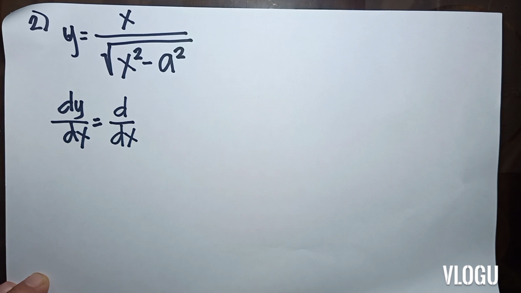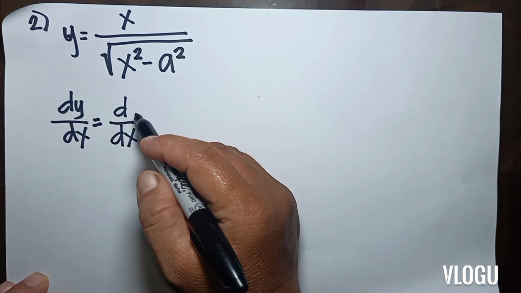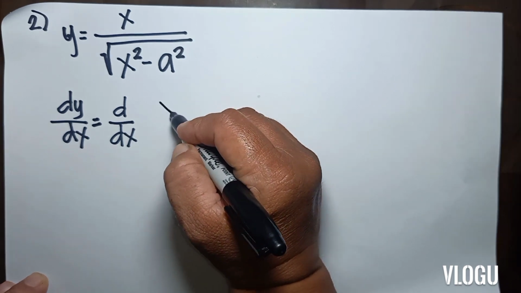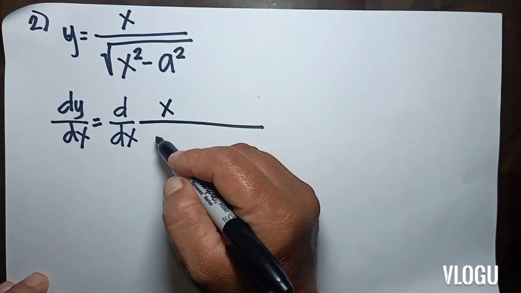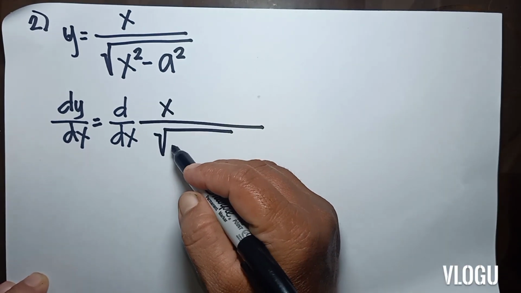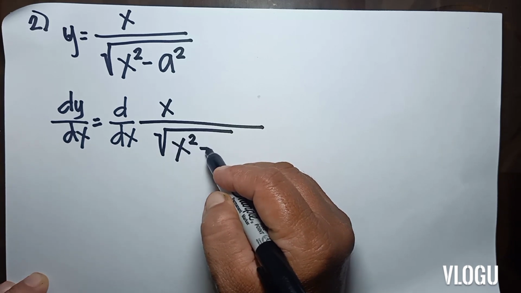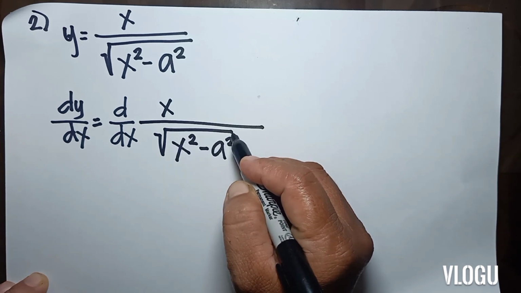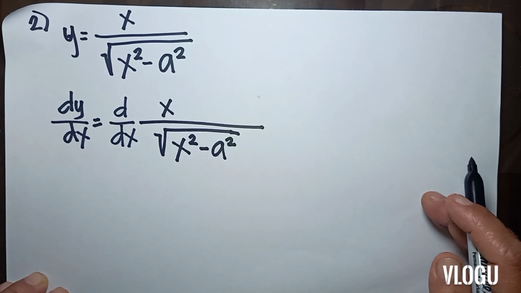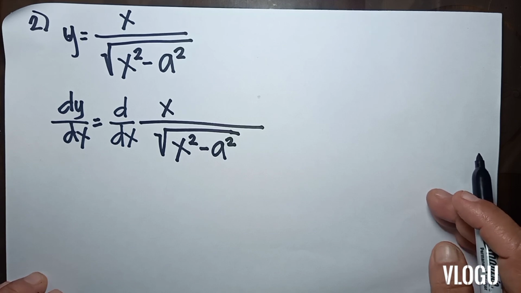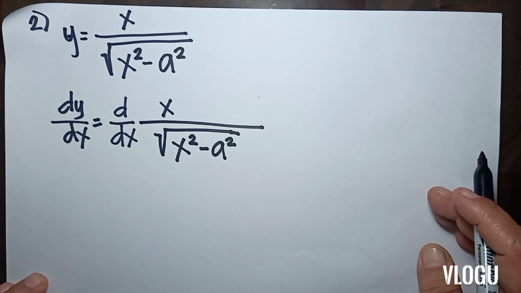The next example is y is equal to x over the square root of x squared minus a squared. So dy dx is equal to d dx of x over the square root of x squared minus a squared. Take note that the square root is raised to the exponent of 1/2.